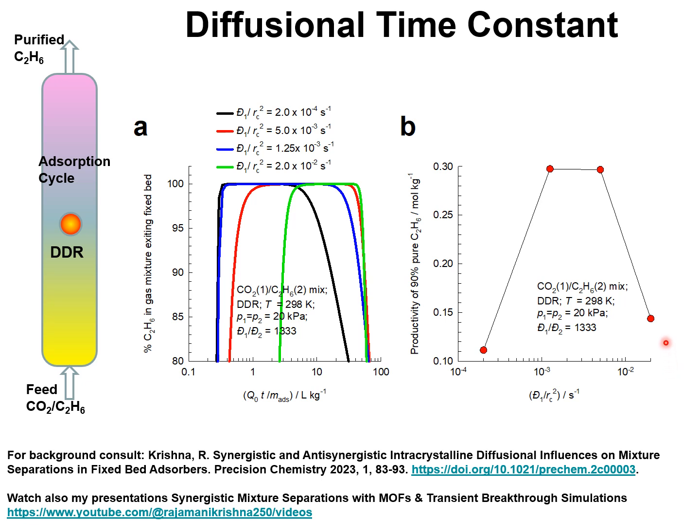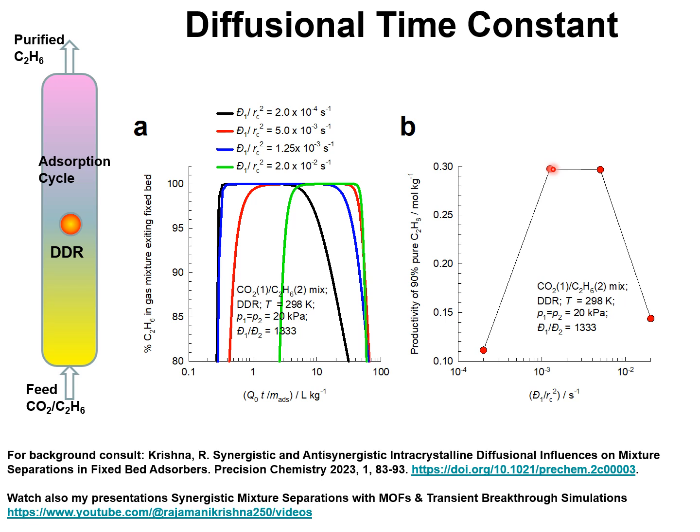With increasing particle size, the diffusional time constant would decrease and the productivity of purified ethane would increase.